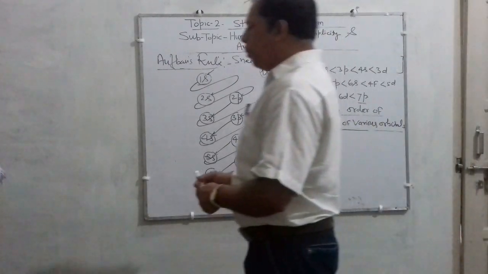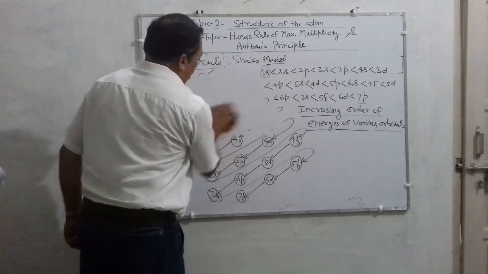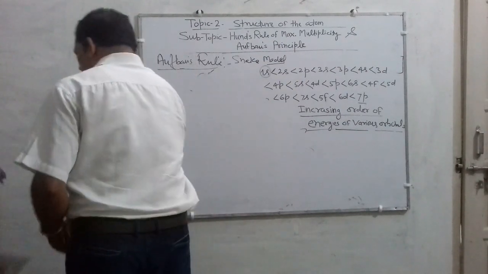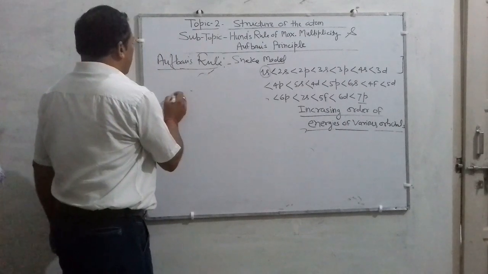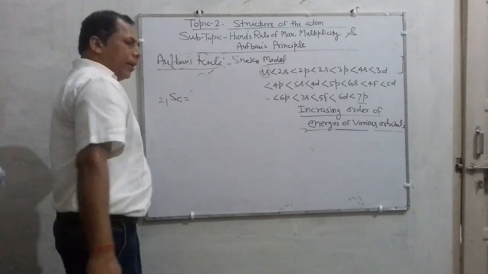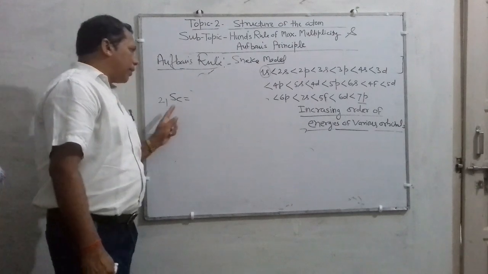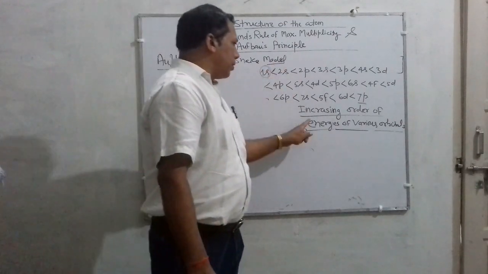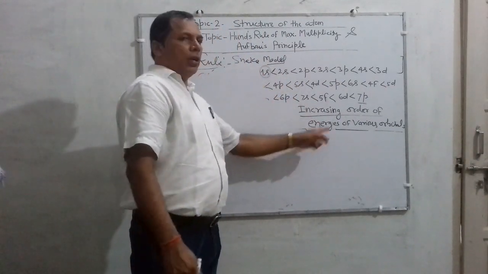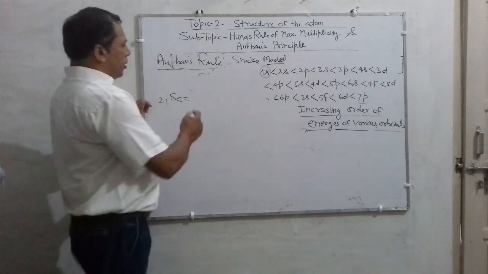For example, according to this Aufbau rule, suppose we have to write the electronic configuration of the element scandium, having atomic number 21, in the increasing order of energy of the various orbitals.